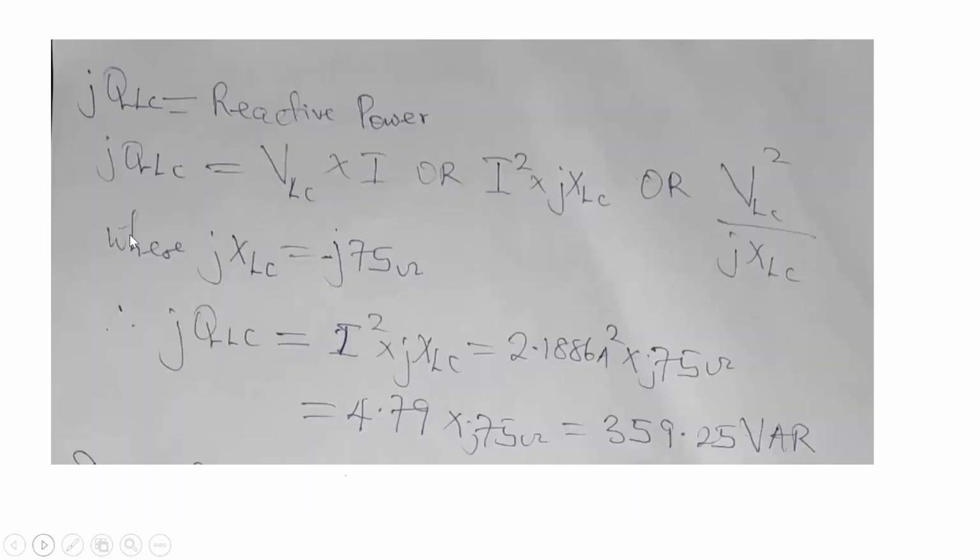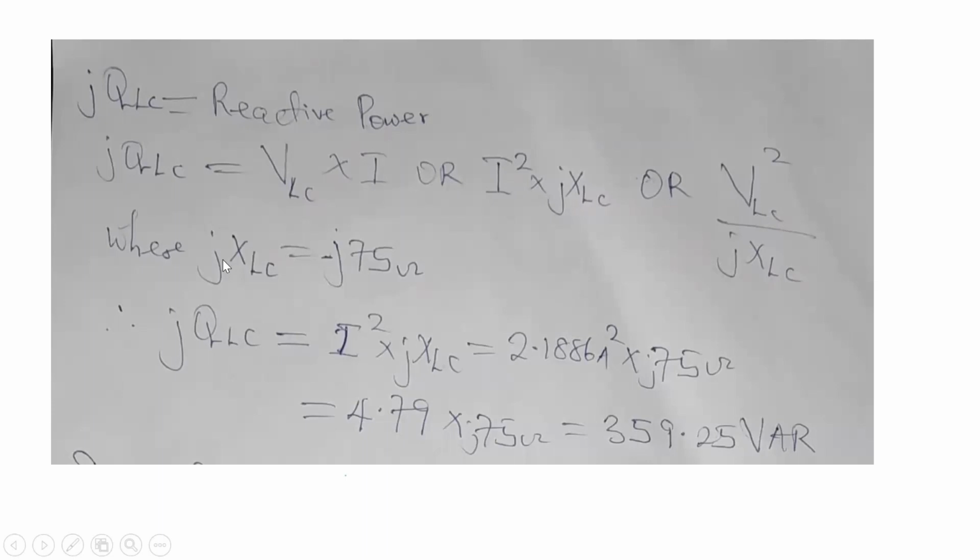Then this is the reactive power. The same formula applies to reactive power, which is voltage drop across the inductor and capacitor times current, or the square of current times the reactance, or the square of voltage drop across the inductor and capacitor divided by reactance.